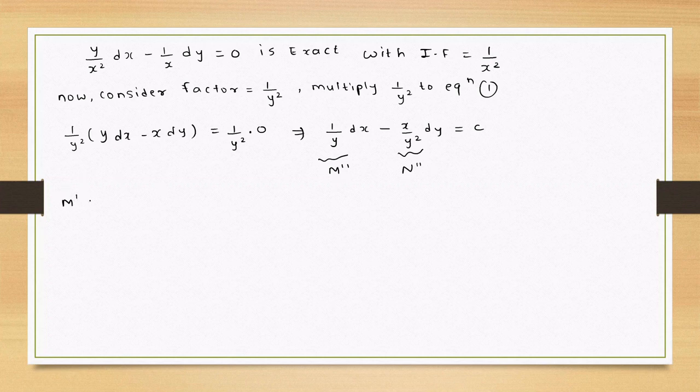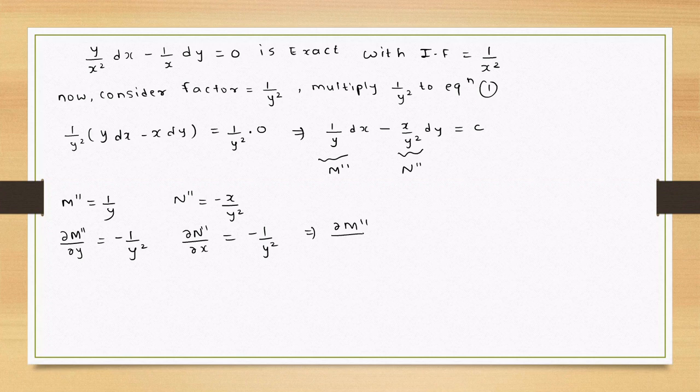So M double dash is equal to 1 upon y, and N double dash is equal to minus x upon y square. Now we need dou M double dash upon dou y, and it is exactly minus 1 upon y square, and dou N double dash by dou x is also minus 1 upon y square. So dou M double dash by dou y is equal to dou N double dash by dou x.